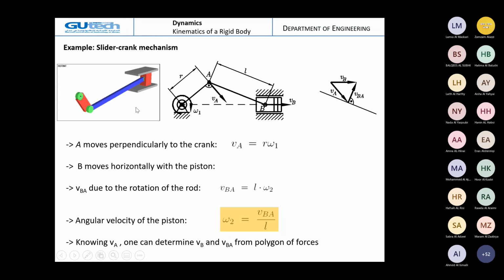If we take this fixed point, the arm from this point to A is rotating with omega 1, the red one.